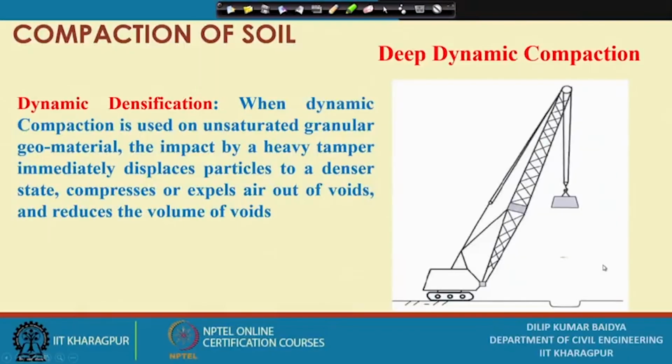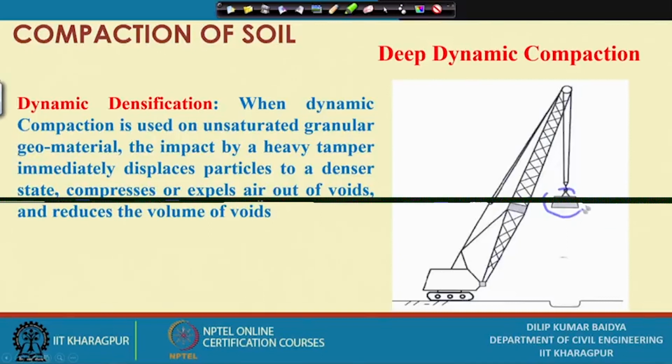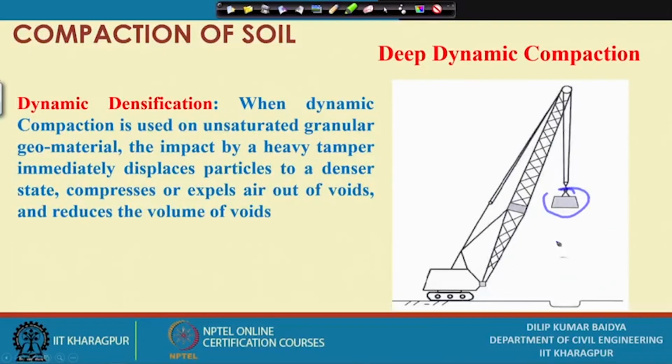Let me show you first what it is. This is the typical deep dynamic compaction equipment. There will be a crane, and through this crane a weight will be lifted to a sufficient height. What the height will be, I will show some calculation later on. Based on that height the weight is lifted, and finally released freely on the ground surface.